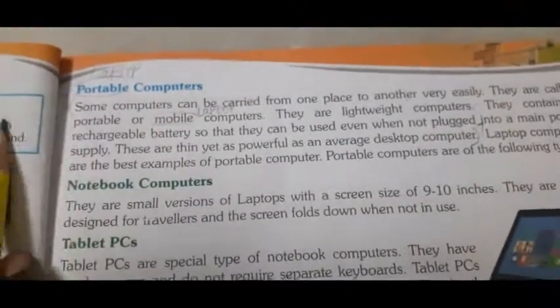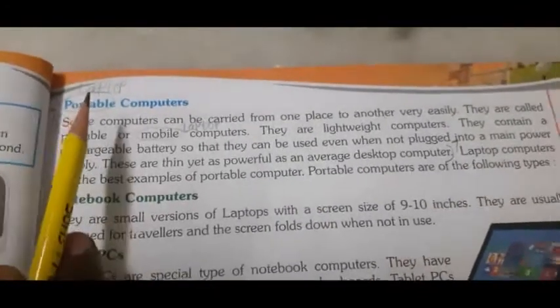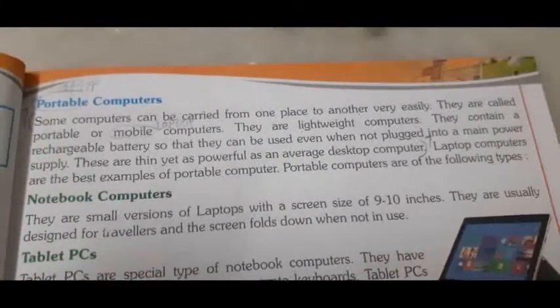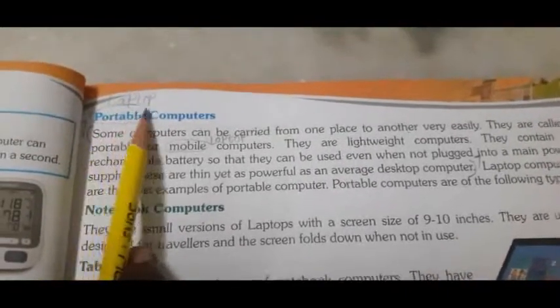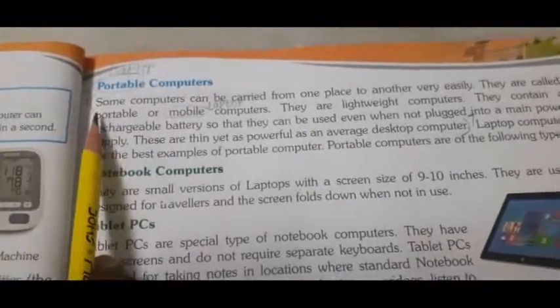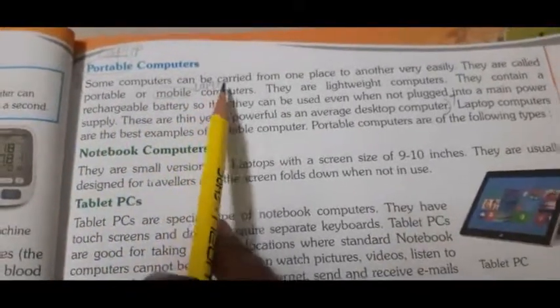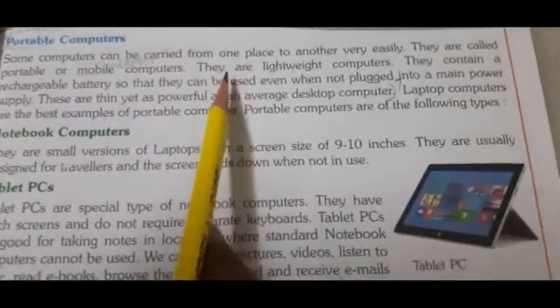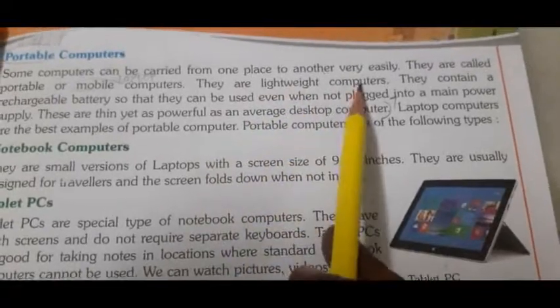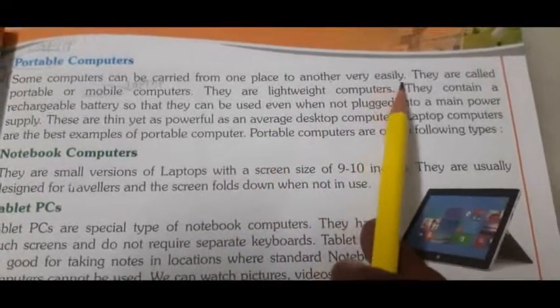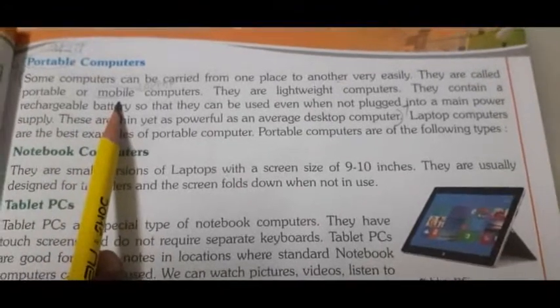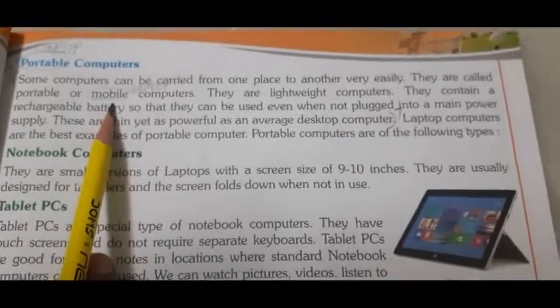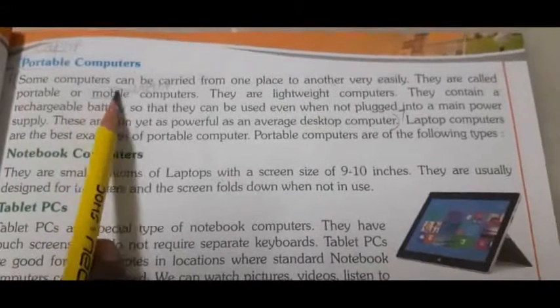And here, first you write the desktop computer side heading and write those 2 points. After that you put the side heading laptop computers and write from here onwards. Some computers can be carried from one place to another very easily. They are called portable, or here mobile computers is there, no? You round off these mobile computers.